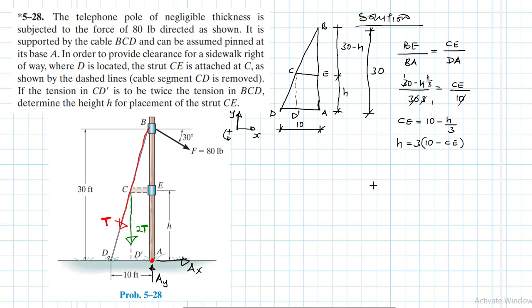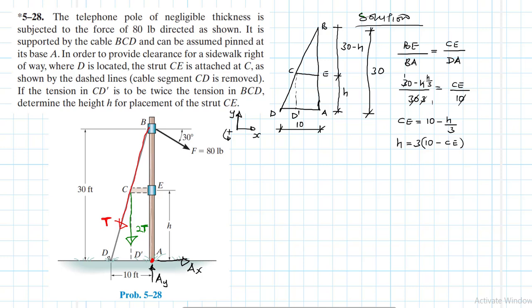So this is our H. Right, so now what we are going to do is find T. We'll find T, then later on by taking moments about A, and once we've done that, we'll come and recalculate this using 2T.